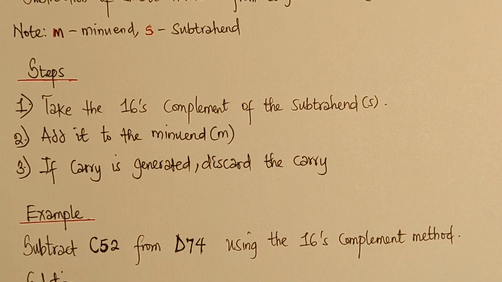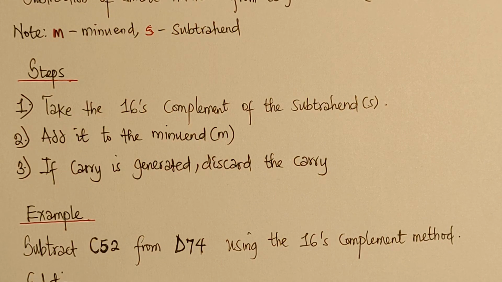So in this example, I'm considering a question which is to subtract C52 from D74 using the 16th complement method. All you need to do is to first of all identify what is the minuend, the subtrahend, and what method you are supposed to use before you apply the steps.